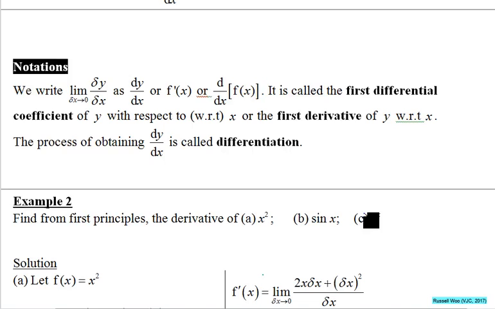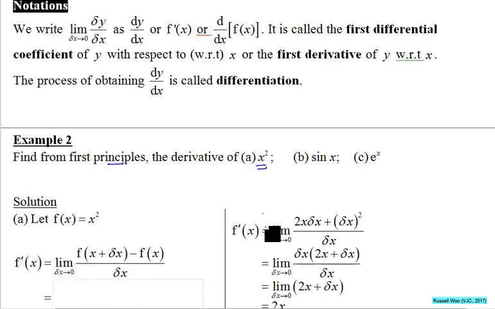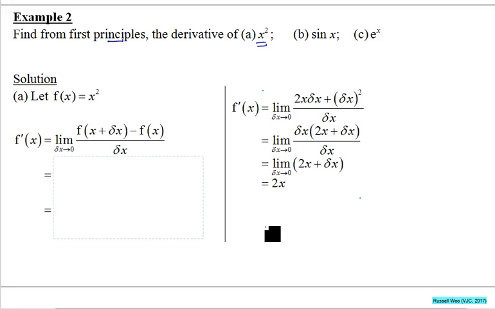If you understand this, shall we then attempt to prove from first principle, differentiate x squared, why is it 2x? Let's try again. Okay, let's do this. Differentiate x squared from first principles. Now, first we must understand this.